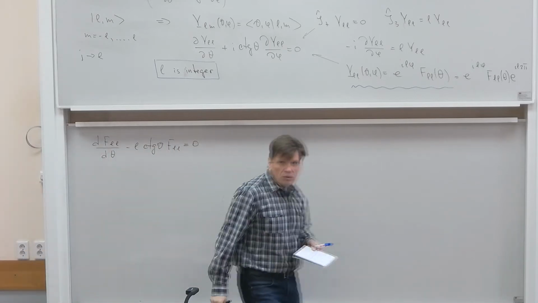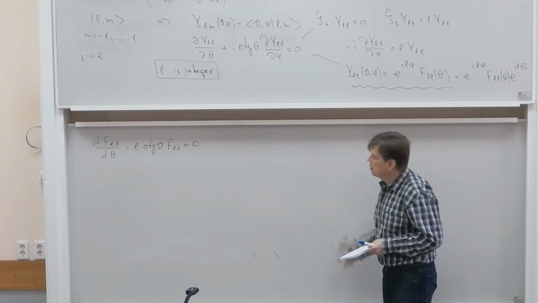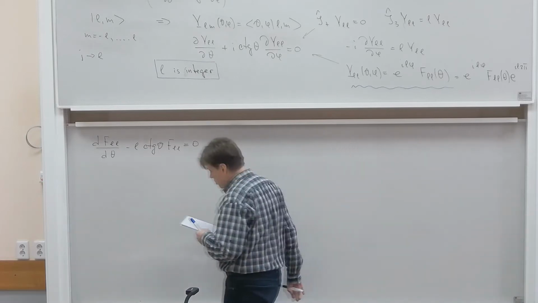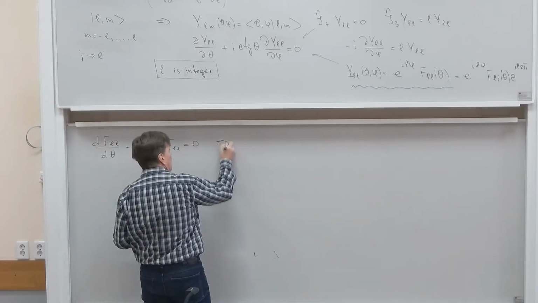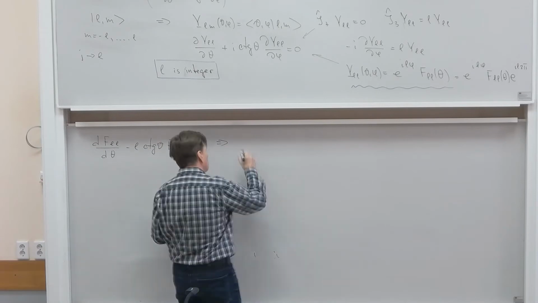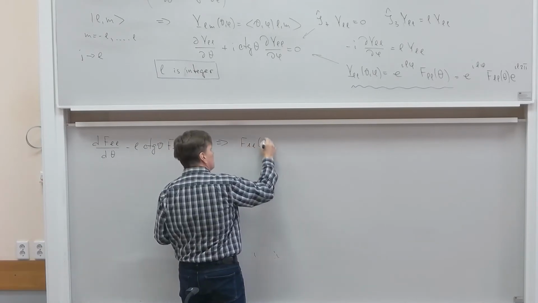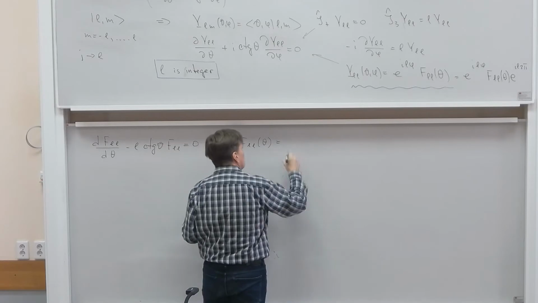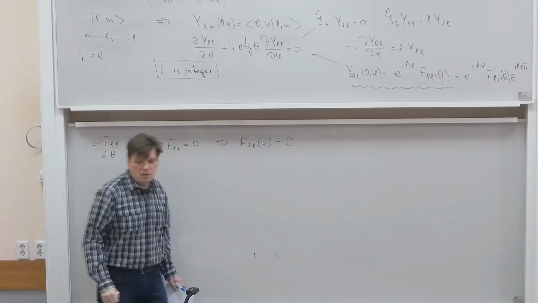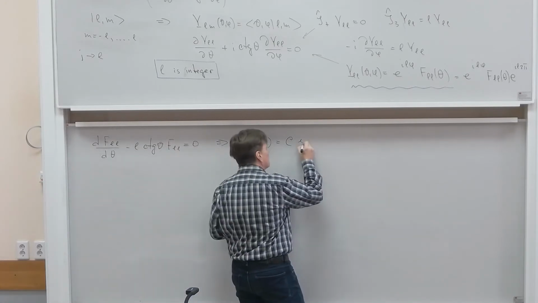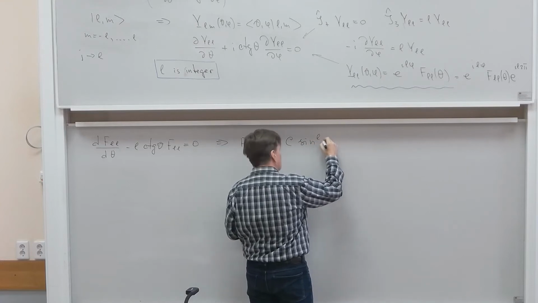Again, it is not hard to solve this equation by separation of variables, and the answer reads: f_L of theta is given by some integration constant c times sine to the power L of theta.